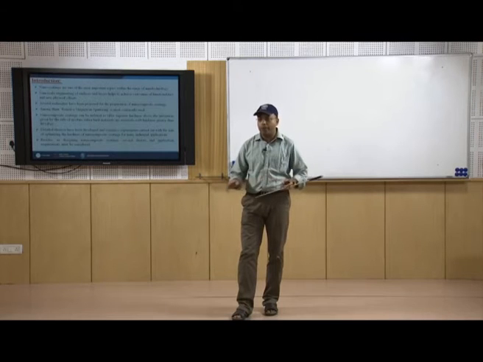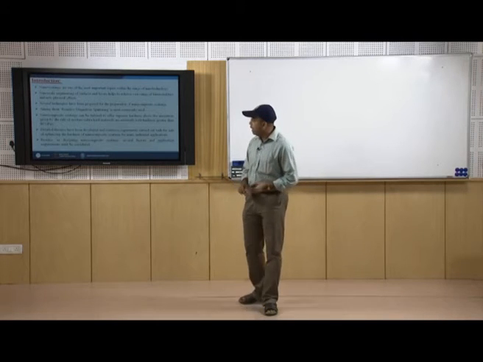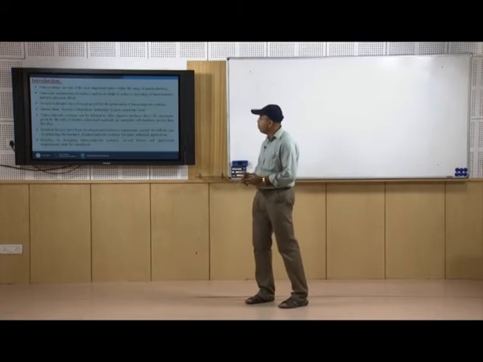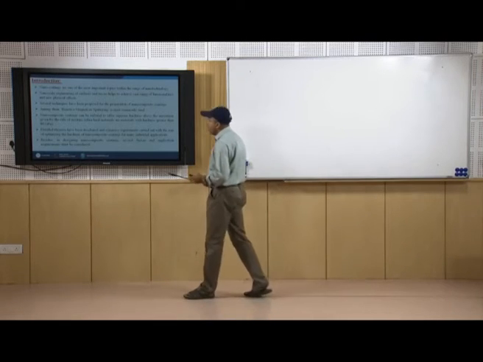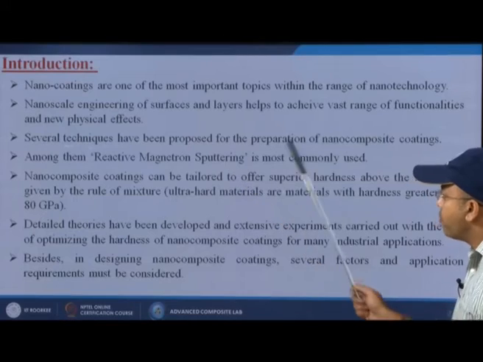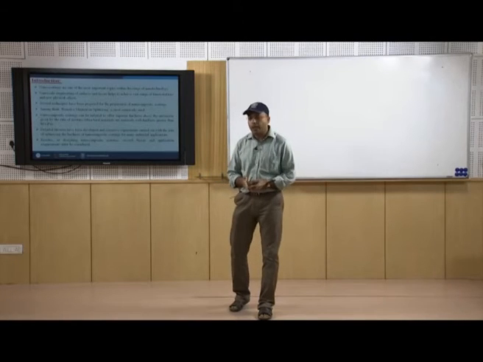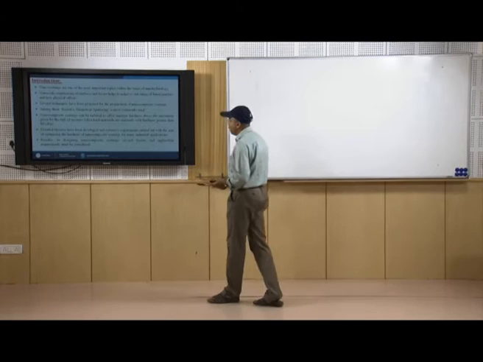So there are so many synthesis processes we have already discussed by which we try to modify our materials. Among them, reactive magnetron sputtering is most commonly used. This is also one of the latest technologies by which we change the surface of materials so that we can get advanced properties.